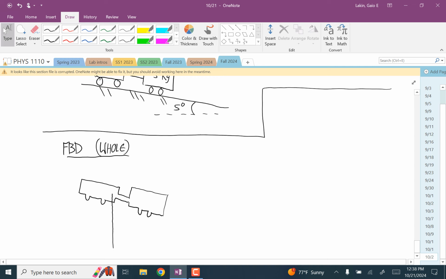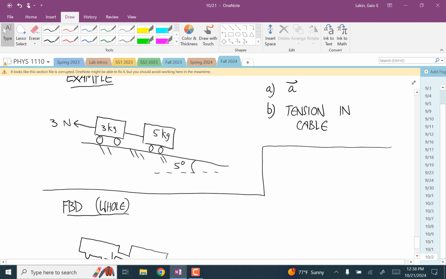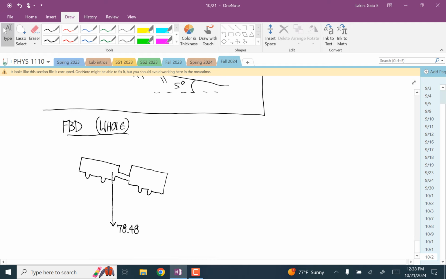We have a weight force down of 8 times 9.81. So that's 78.48, is that right? And then we have this 5 Newton force.